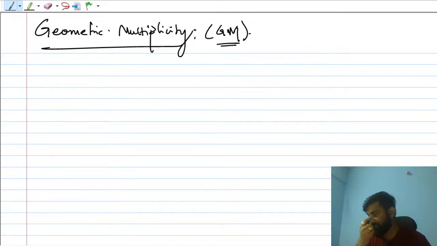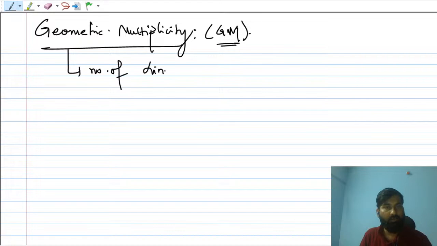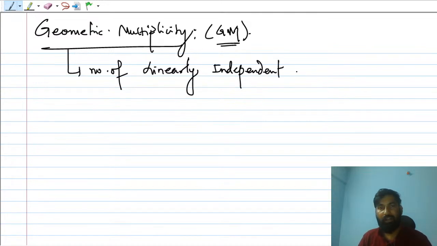Geometric multiplicity is nothing but the number of linearly independent eigenvectors corresponding to an eigenvalue.